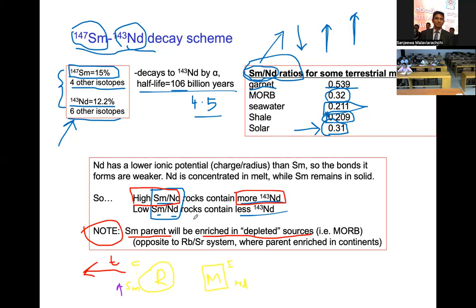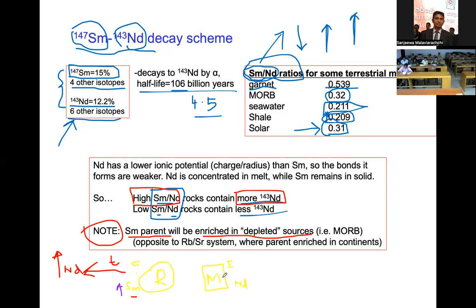That means with time, you will have a high neodymium isotope ratio for the residue. Remember, for the residue, you will have high neodymium isotopic values because you have more parent material available in that residue during this formation, right?